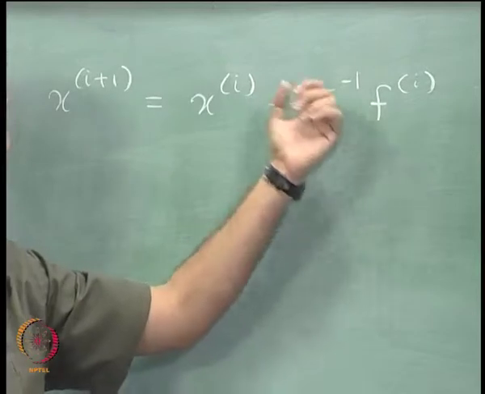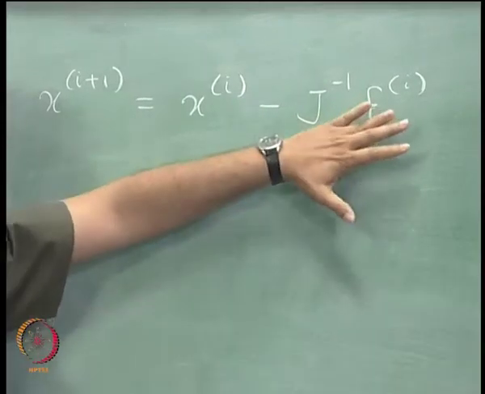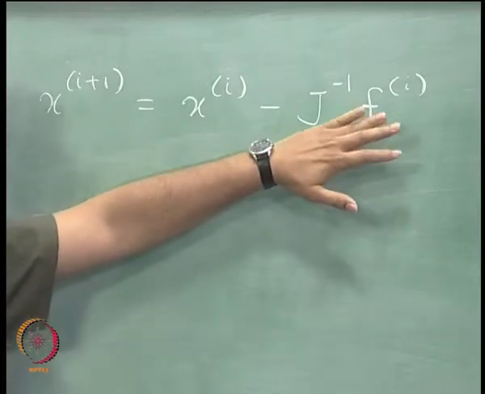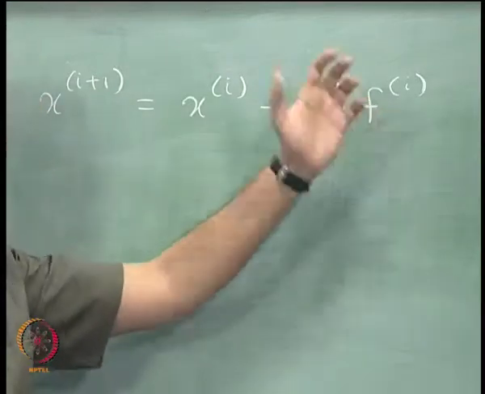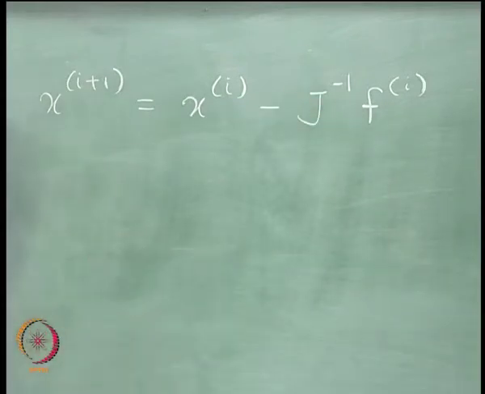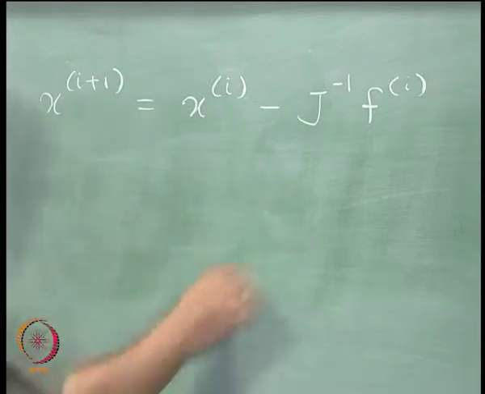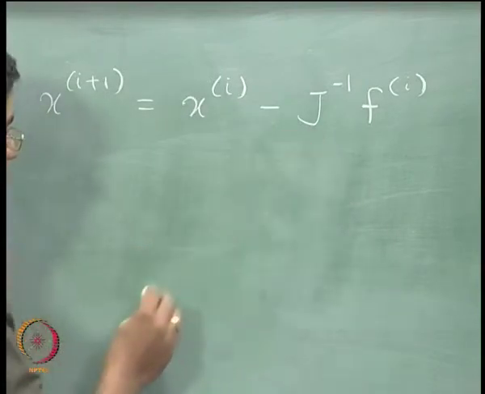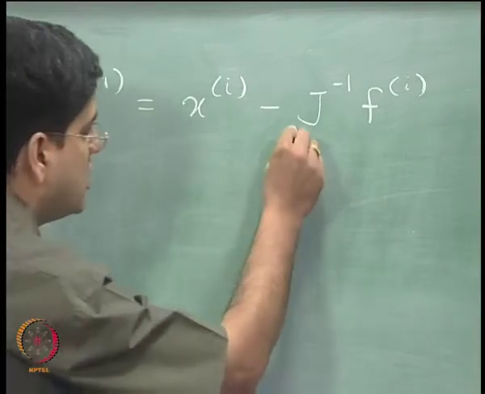This derivation worked extremely well as long as J was non-singular. That means as long as the rank of the matrix J was equal to n, this worked really well. However, if the rank of the matrix J is not equal to n, then we need a slight modification to this.